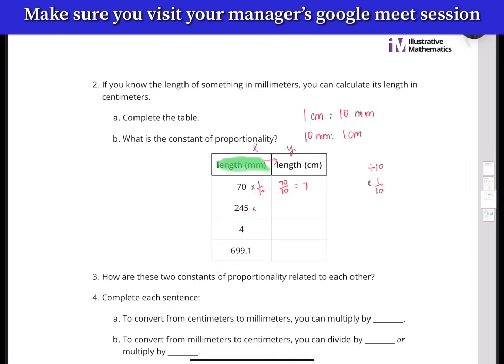I'm going to multiply the same thing to each row, to each number in this column, which will be 245 times 1/10, which is going to be over 10. Now, if you know your powers of 10, you know that this is 24 and 5/10. But if you don't, you can always do some long division on the side.